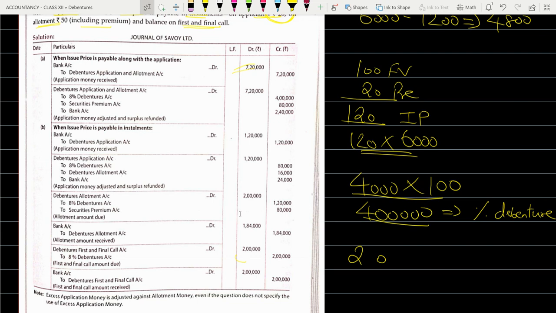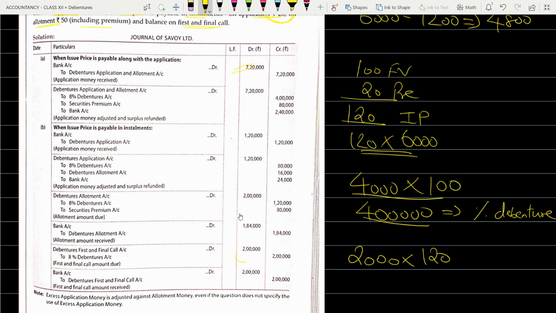Now when I'm going to refund those 2000 debentures, 2000 into 120 rupees, because the amount received was 120, you find out what will be the amount. 120 into 2000.